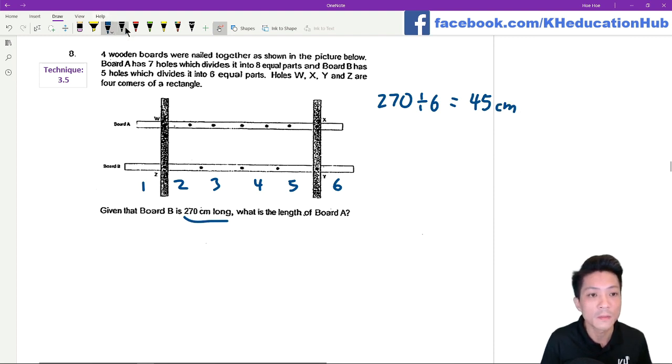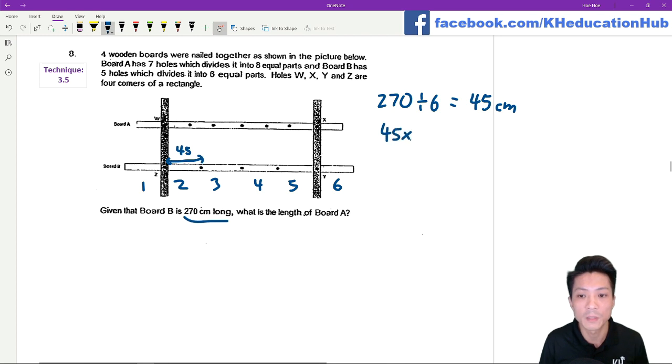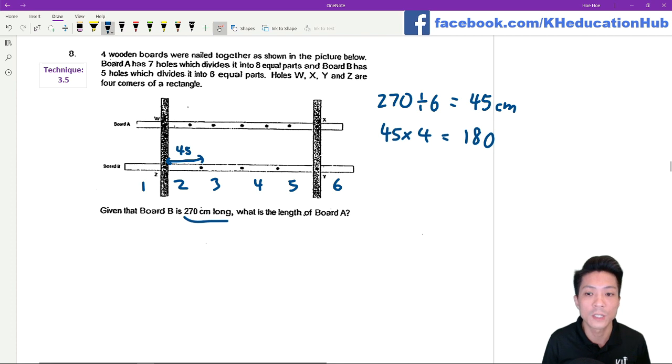So here to here is 45. If I use 45 multiplied by 1, 2, 3, 4, I'm going to get 180 cm, which represents here to here. 180 cm.